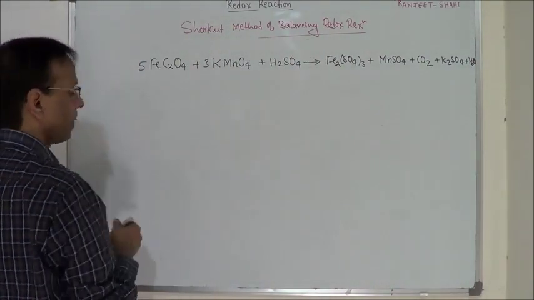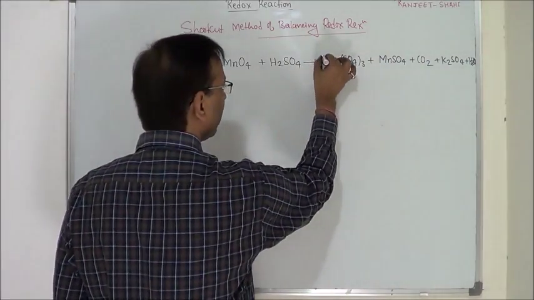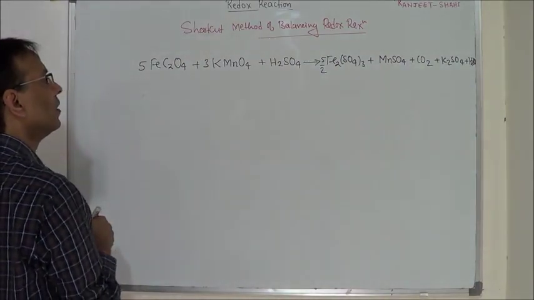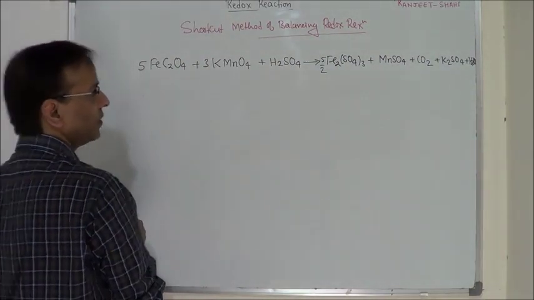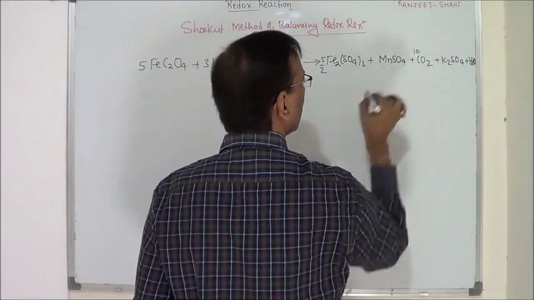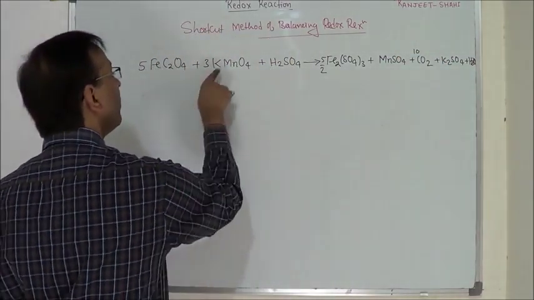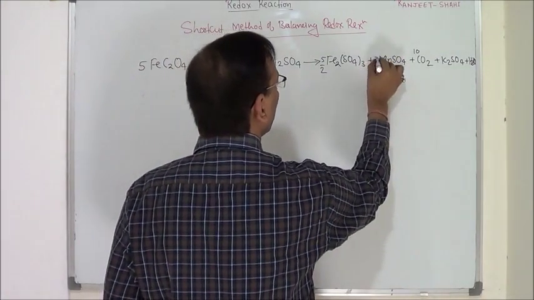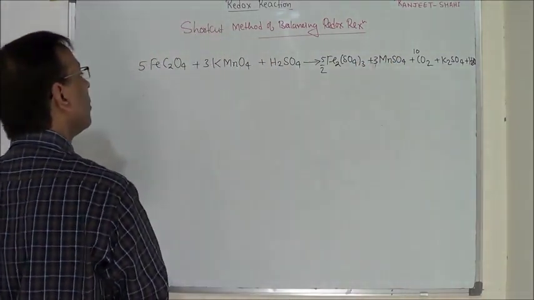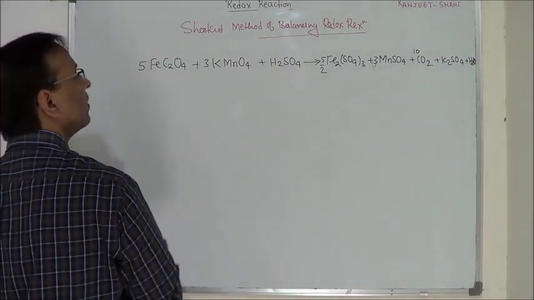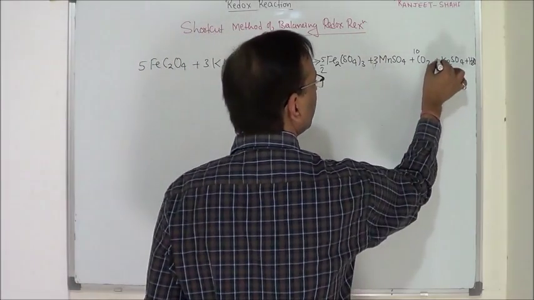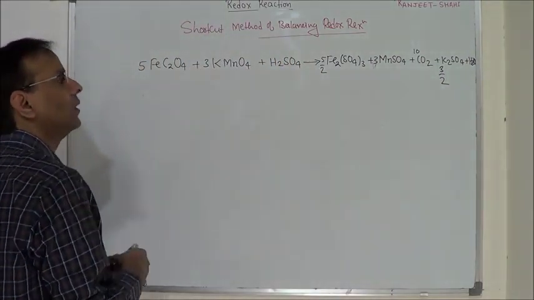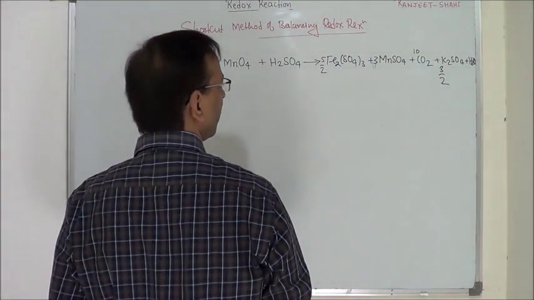So 5 iron will be balanced here by taking 5 by 2. Now these two are the fixed coefficients. 5 into 2, 10 carbon, so 10 CO2. 3 manganese, 3 MnSO4. 3 potassium, 3 by 2 K2SO4. Now sulfate can be balanced.